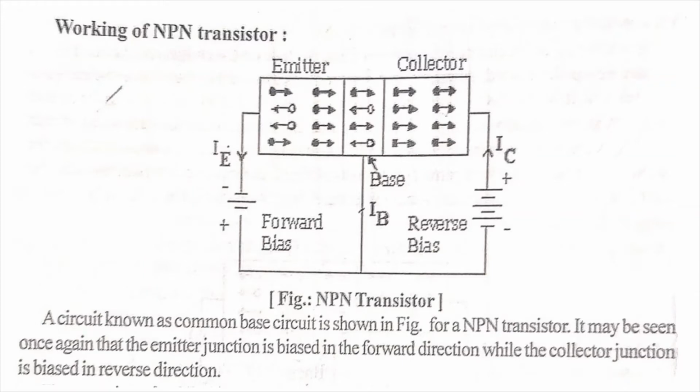The number of combinations between emitter electrons and base holes will be small, probably not more than 5% of the total number of electrons leaving the emitter, and the remaining 95% of the electrons will diffuse through the base and reach the collector junction.